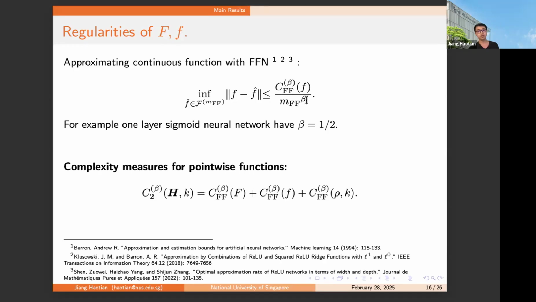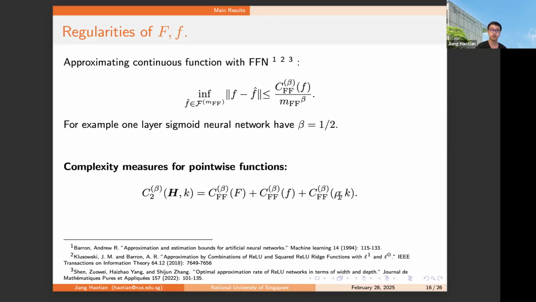So now we define the complex measures for all the pointwise functions, denoted as C2. This has three parts. We will need to approximate the pointwise functions big F and small f.